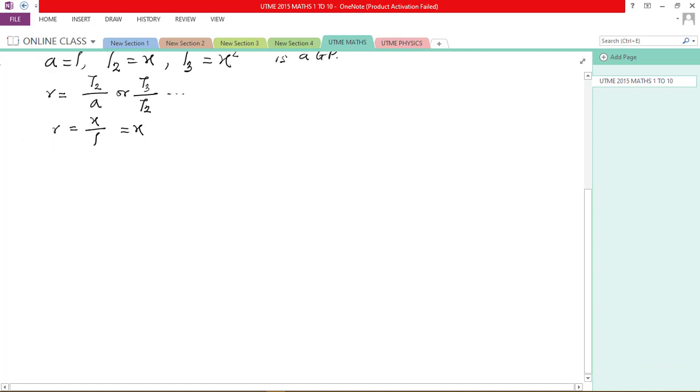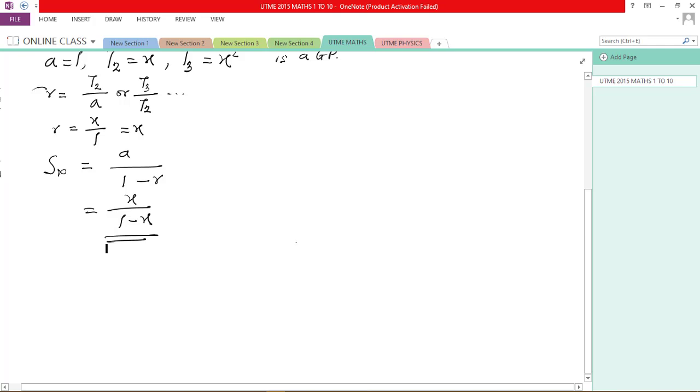So here we are looking for the sum to infinity, and that is a over 1 minus r. So our final answer in this case will be x over 1 minus x.